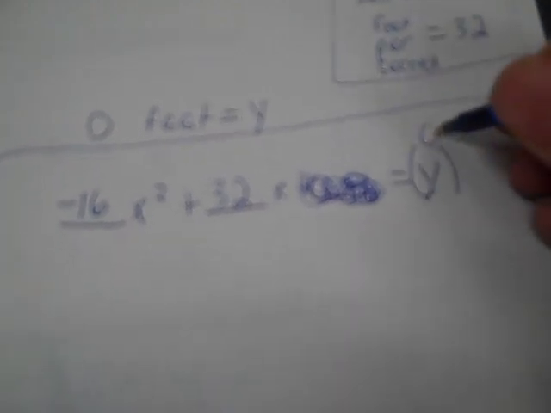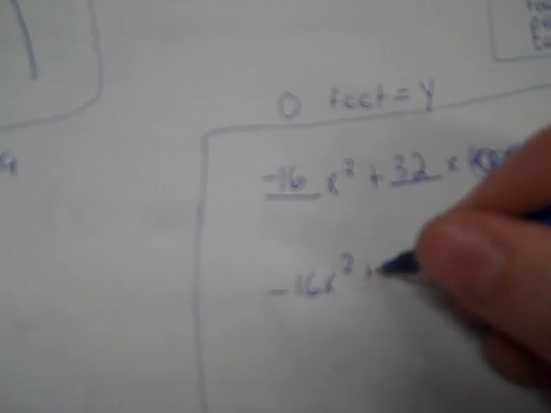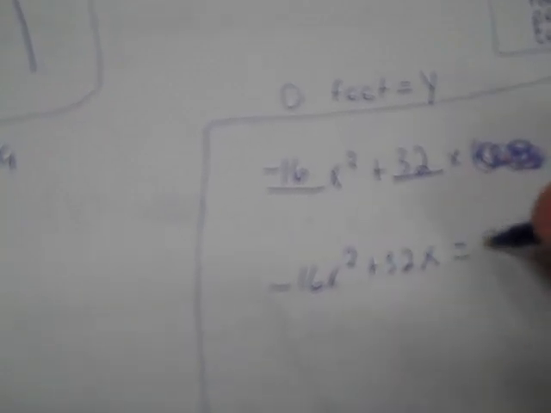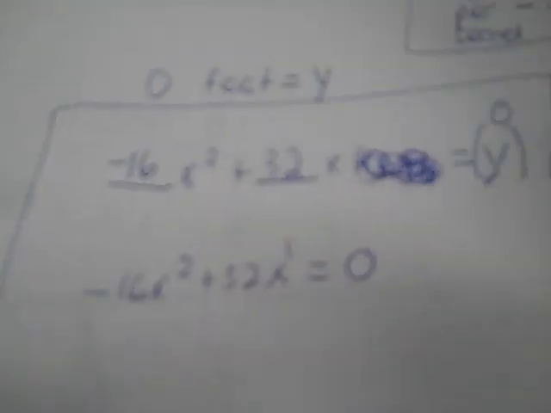Now, when he enters back into water, he's back at 0 feet. So that's the input value, and that is your y value. So we replace y with 0. So we got negative 16x to the second plus 32x equals 0. Okay, so I have to solve now. I have two answers. And we have x to the second and x to the 1. Okay. So I have the 0, so I make my GCF box.